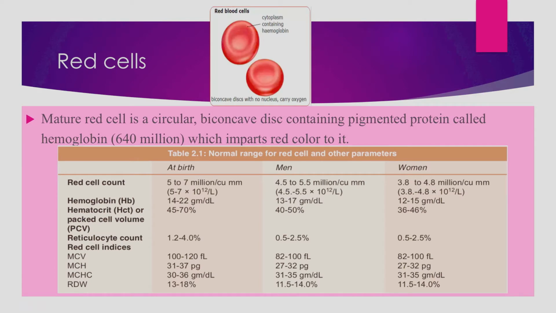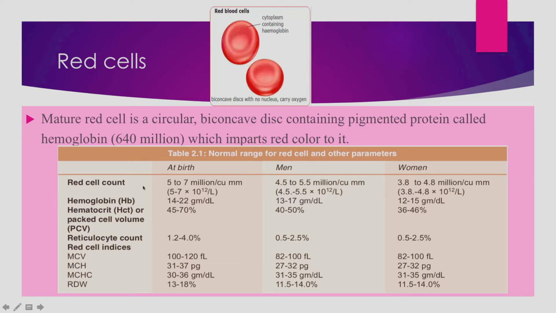So let us talk about the red cells. The red cells are circular, biconcave disc-like structures, and they contain a red pigmented protein called hemoglobin. In one RBC there are about 640 million hemoglobin molecules, and these red color hemoglobin molecules give red color to the RBC.